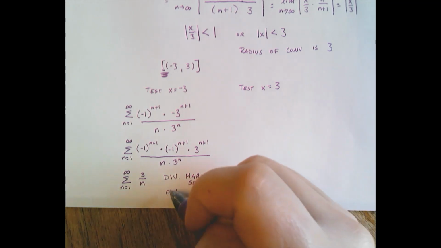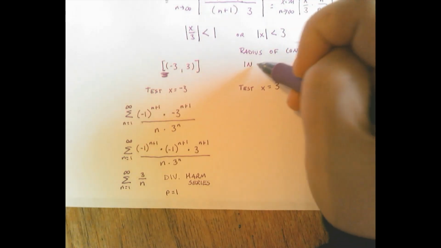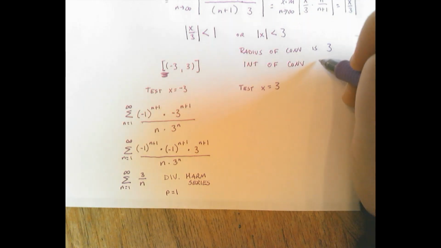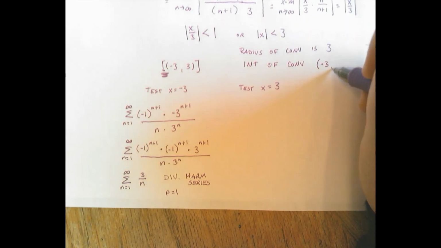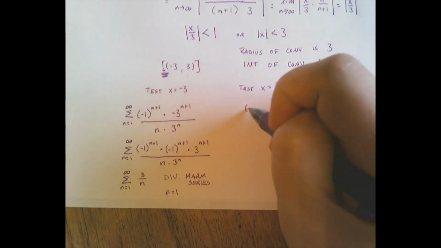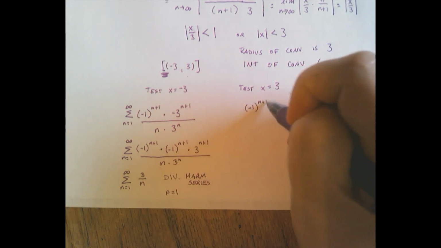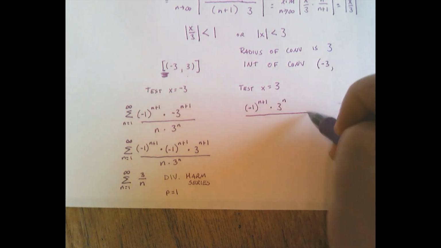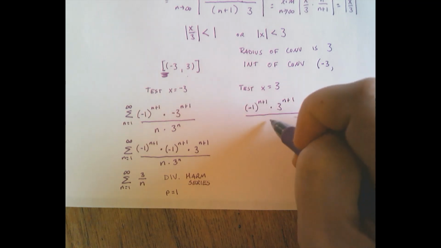So what's important is that we know that it's divergent, so our interval of convergence now has an open parenthesis on the left side, and we need to test the right side. So the right side is a little bit easier to test. +3.